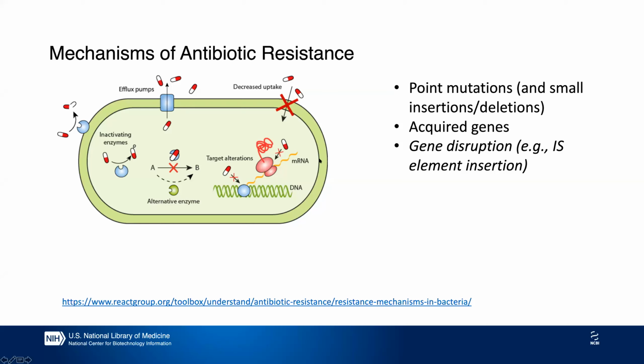It's something that was acquired, let's say, through horizontal gene transfer of some sort. And these can involve efflux pumps, but they also involve these alternative enzymes, as well as inactivating enzymes, and sometimes decreased uptake. A third mechanism is gene disruption, and that can be promoter disruption or disruption of an actual functional gene. Most tools to date don't really have a good handle on that. They really focus on these first two mechanisms.